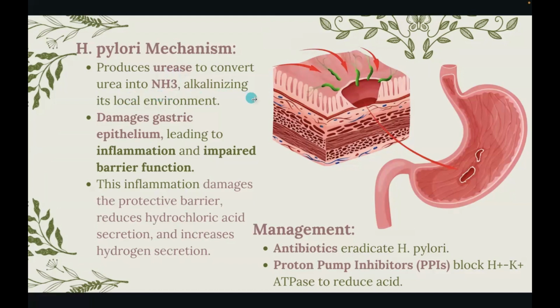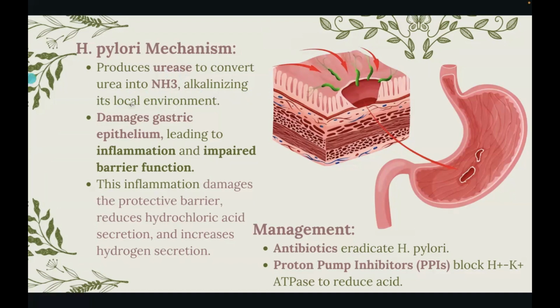NH3, okay, it's an alkaline substance, right? So can you imagine the stomach that's supposed to be very acidic? It's acidic for a reason, okay? It's acidic to protect itself against bacteria, to digest food and everything. You can think of it as a very sterile area.